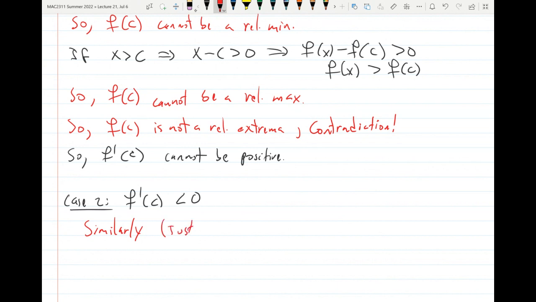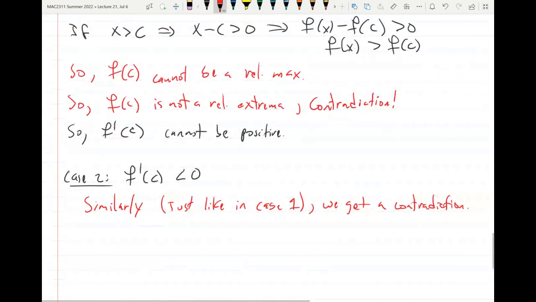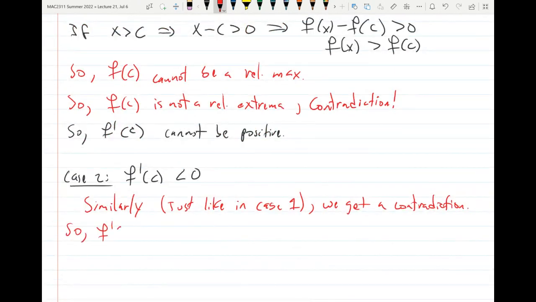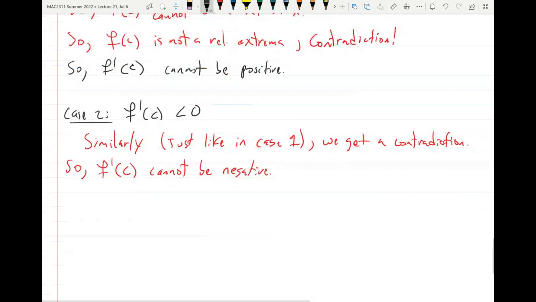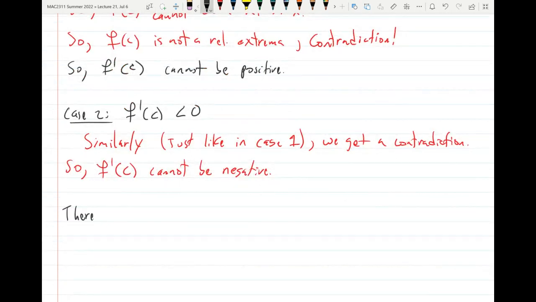Similarly, just like in case 1, we get a contradiction here. So f prime of c cannot be negative. Therefore, the only possibility for it, because we said that it was defined, then it's a number, it has to be 0. Okay? So if you want, try to do case number 2 on your own.